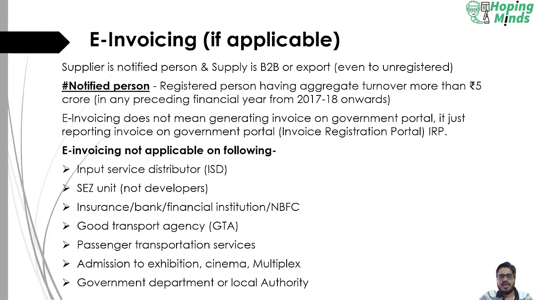E-invoicing does not mean generating invoices on the government portal. Rather, it is only reporting your generated invoice on the government portal. The portal is the Invoice Registration Portal. We call it IRP.